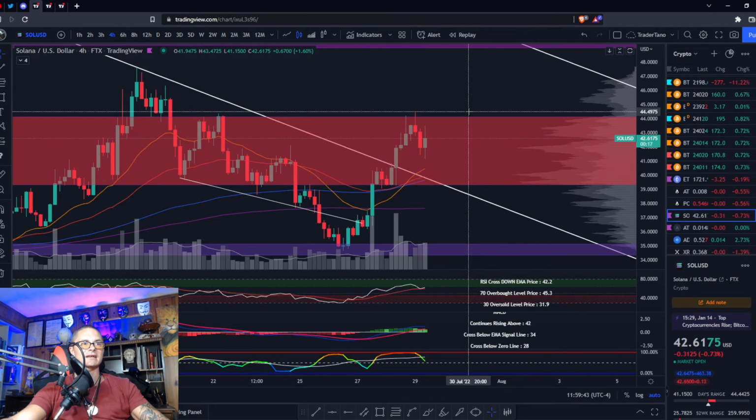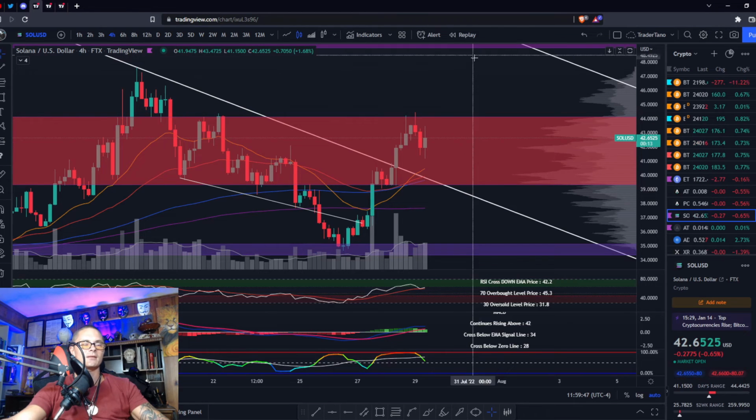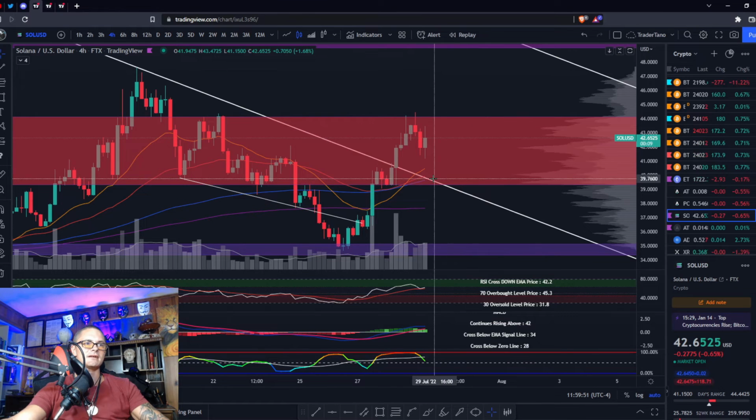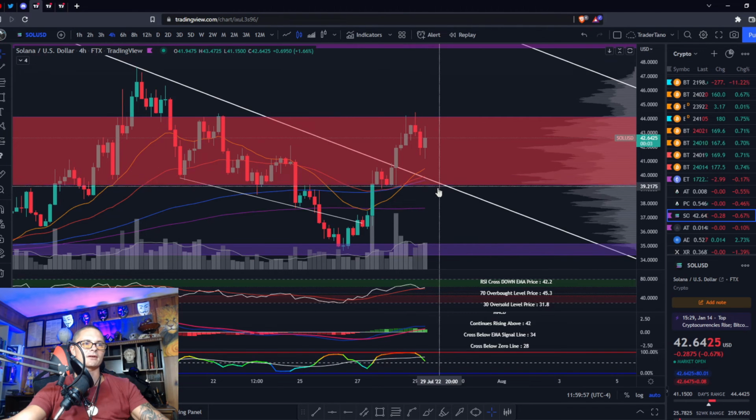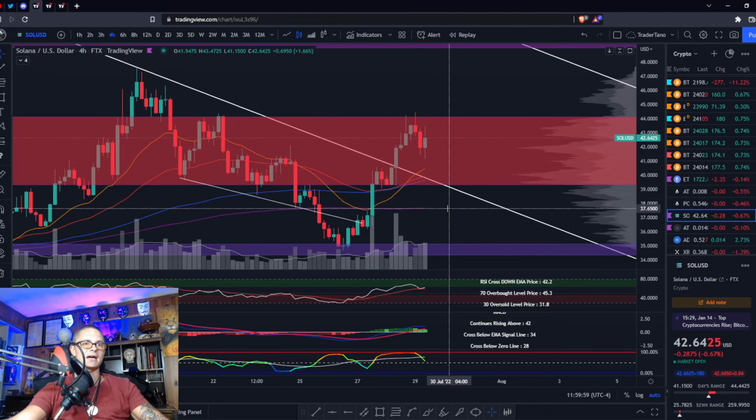Bullish case, like I said, is if you get above the 44.44 region, come all the way up to 50. If we break that, we'll talk about what happens next. Bearish case is that you break this diagonal trend line in the bottom of this red zone and your 21, 50 and your 100. I would expect a minor bounce at the 37.70 region.